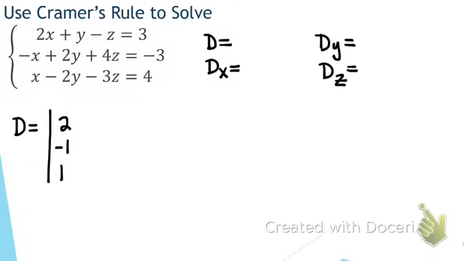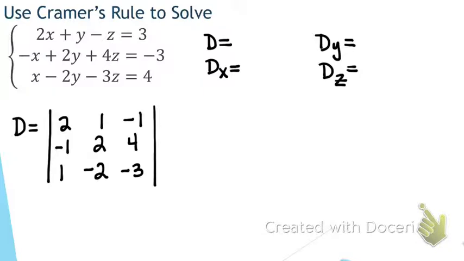And then my second column is the coefficients for the Y coefficient, which are 1, 2, and -2. The third column are the coefficients of Z, which are -1, 4, and -3. Go ahead, take some time, and find your determinant for this matrix.